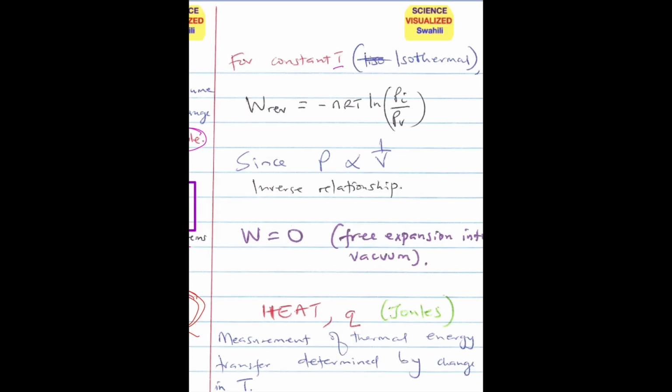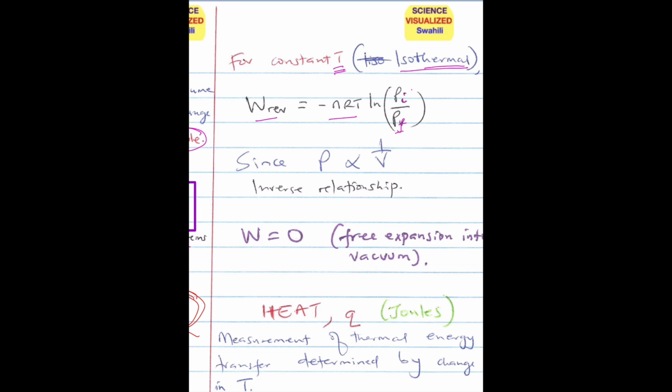Now for constant temperature, we call that isothermal conditions. Remember, thermal has to do with temperature, and iso means uniform or same. So for constant temperature, isothermal conditions, work reversible equals minus nRT natural log of Pi over Pf, so we look at initial pressure and final pressure.